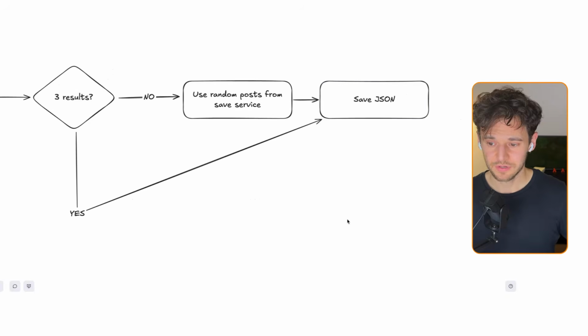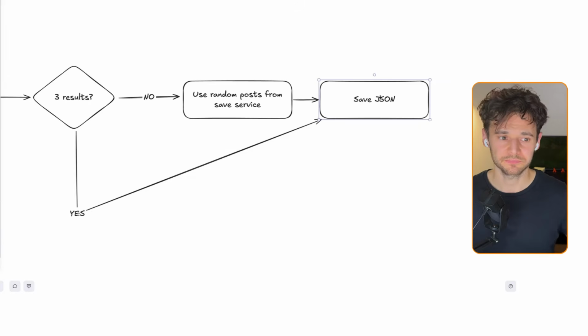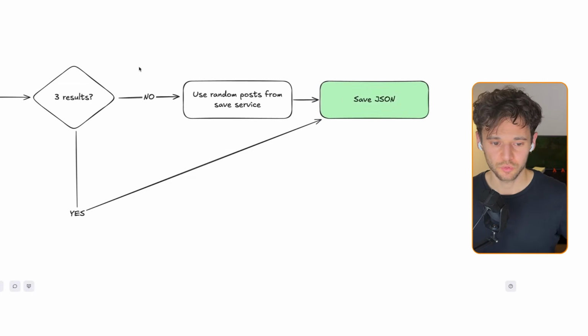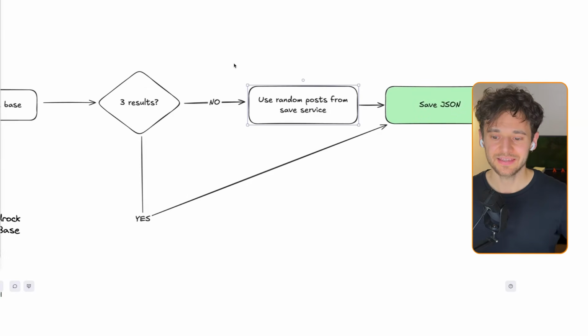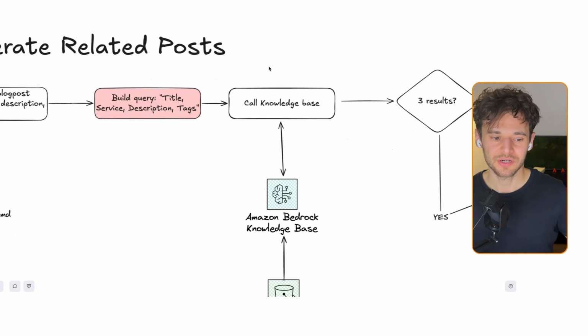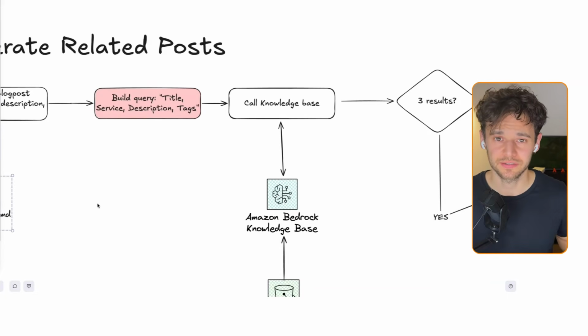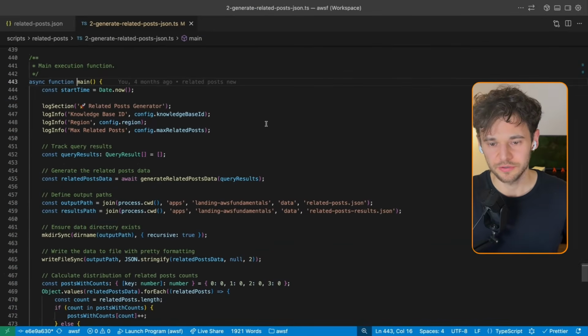If yes, I save them in the JSON and I'm done. If no, I use random posts from the same service. Because if this is a blog post about Lambda, the chance is high that some other post about Lambda is related. This is my generate related posts script.